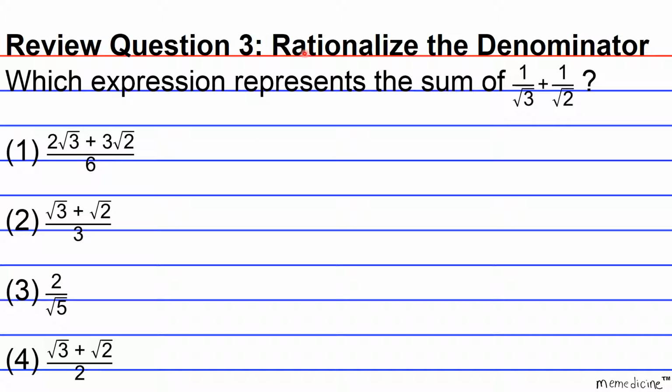All right, so as the title implies, the first step that we're going to have to do to analyze the sum is rationalize the denominator. Rationalize has the root word rational, and rational numbers are numbers that can be expressed as simple fractions, with integers in the numerator and the denominator.